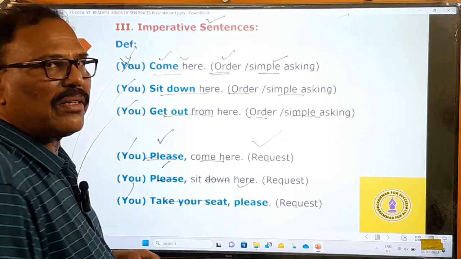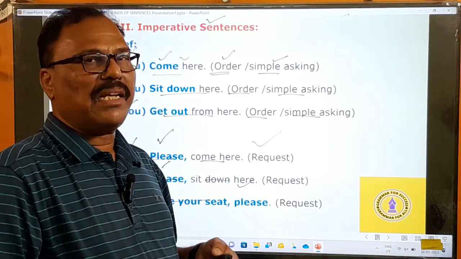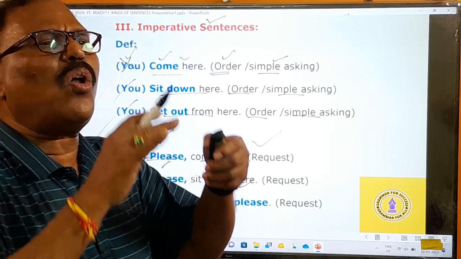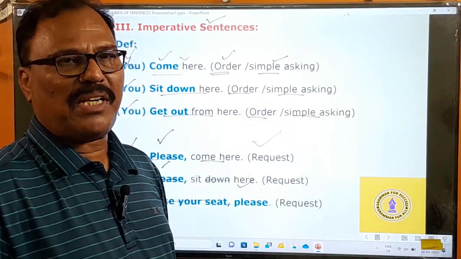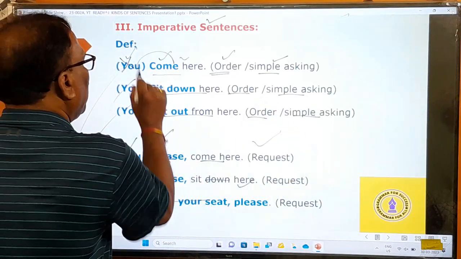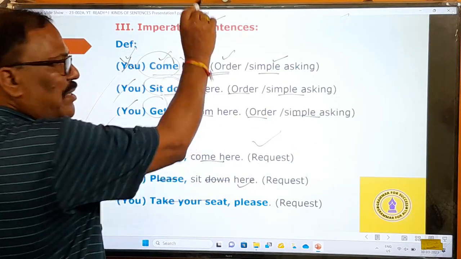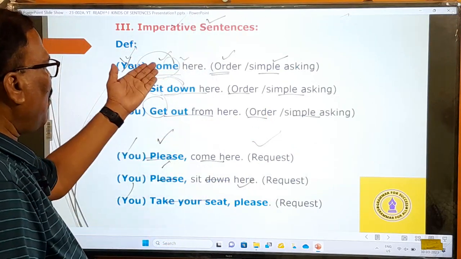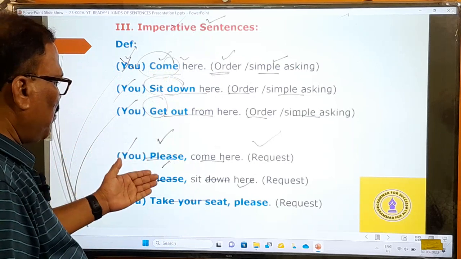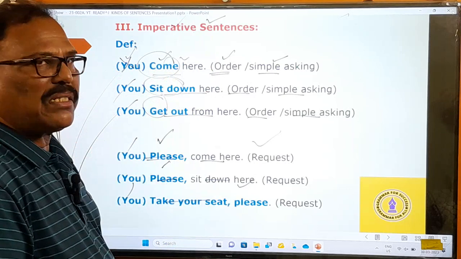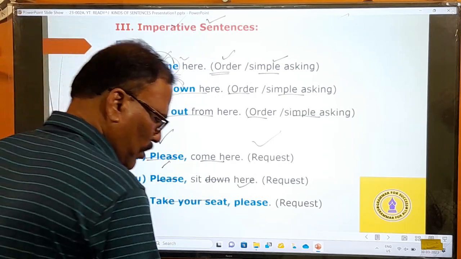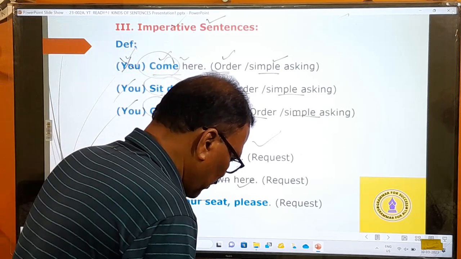All please sentences are imperative sentences. All base form verb sentences are imperative sentences. So take your seat please, request. Now you go to the next one.